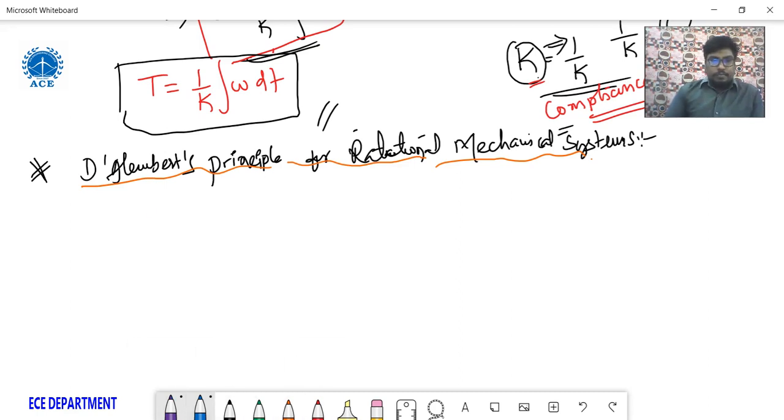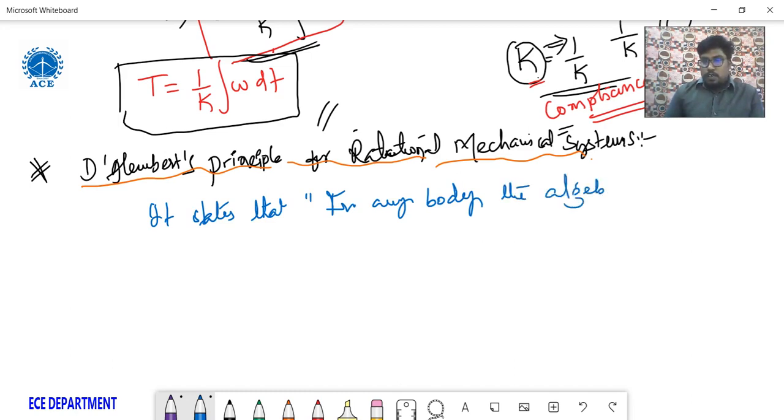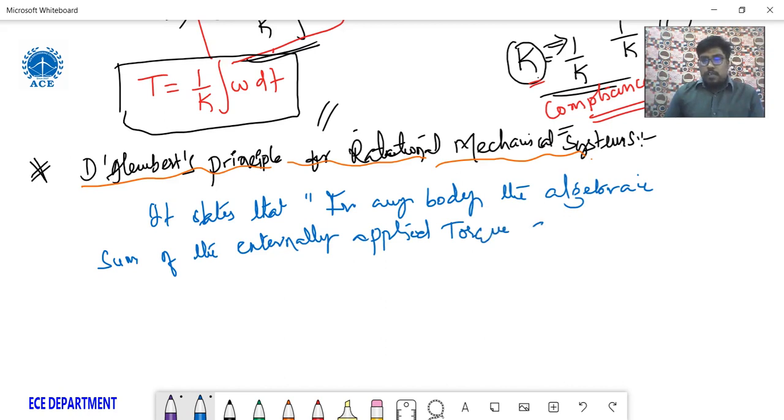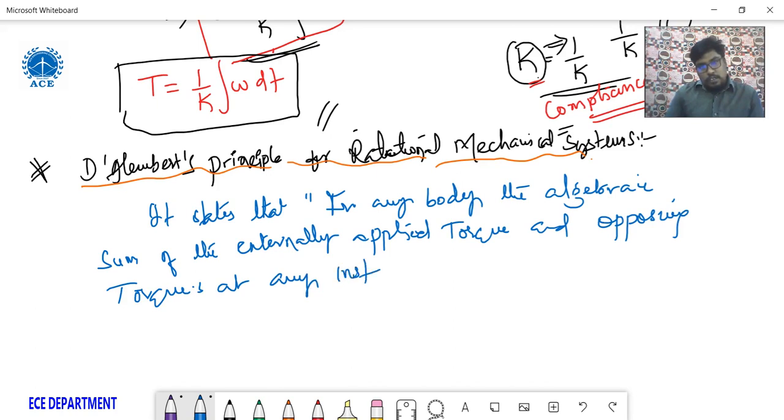Let us write. It states that for any physical body, the algebraic sum of the externally applied torques and opposing torques at any instant is 0.